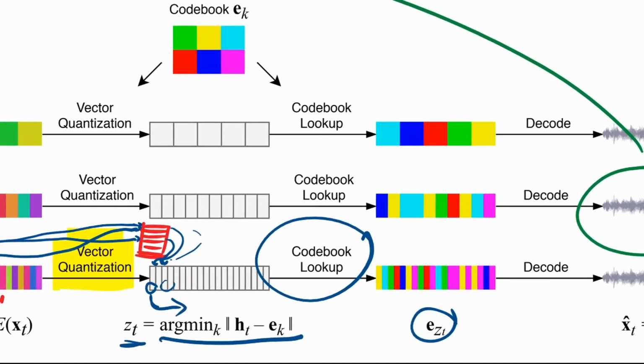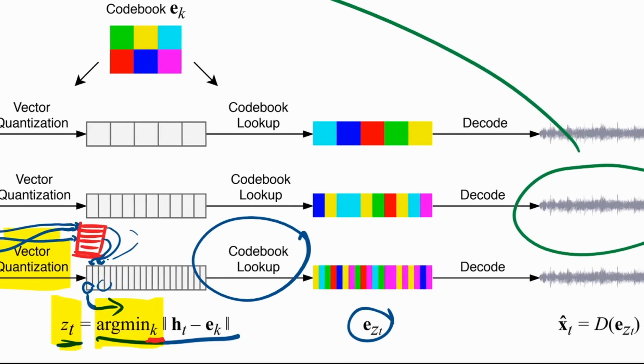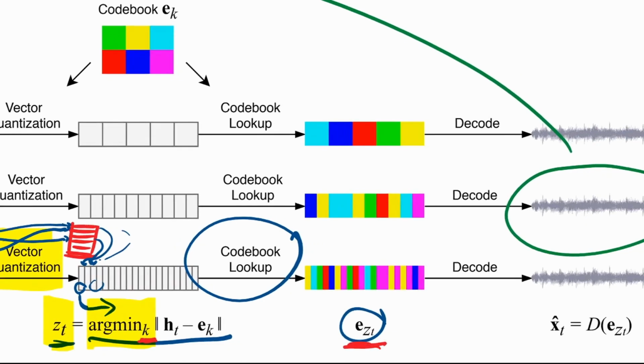And so there's this slight difference here. So Z here, as you can see, is the argmin k. So the argmin is the actual number k, which codebook vector is the closest. And then this e_{z_t} will be the actual vectors. So this here is actually what I described right here.